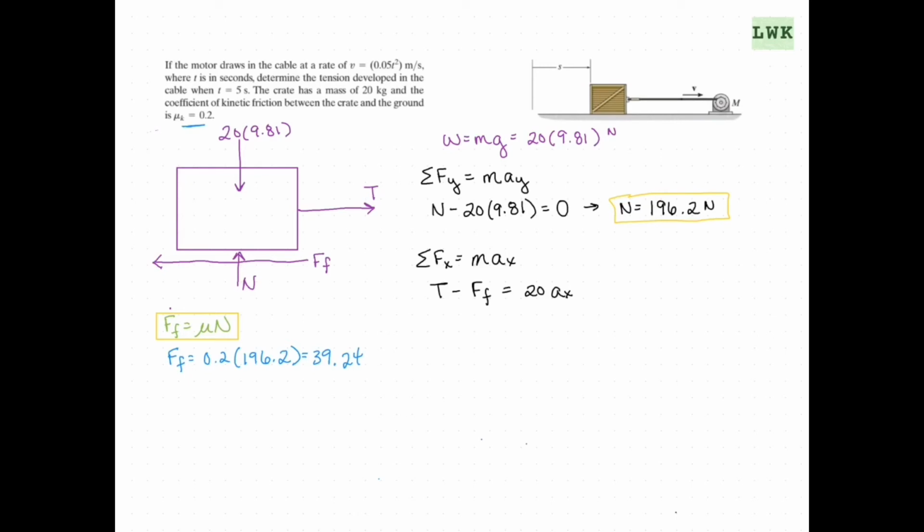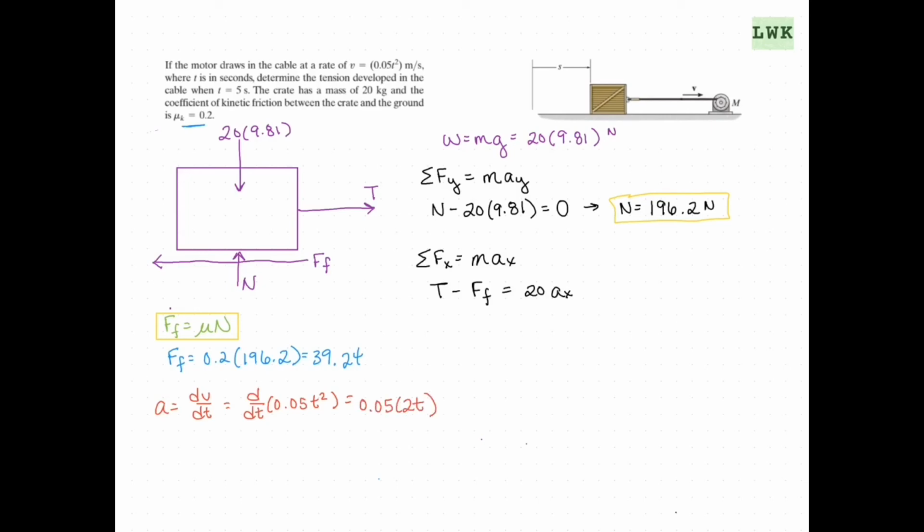We're also going to need to look for the acceleration in the x. We know our v, so we know that a equals dv/dt, and v is given to us. So let's take the derivative of v with respect to time. That gives us 0.05 times 2t.